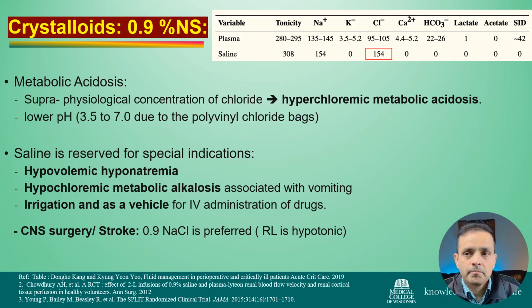People getting ringer lactate had adverse outcomes in most of the randomized control trials, which is not a surprise because ringer lactate tends to be hypotonic and tends to increase brain swelling, in contrast to 0.9% normal saline, which has a tonicity of 308, which is close to or more than plasma tonicity, which is around 280 to 295.